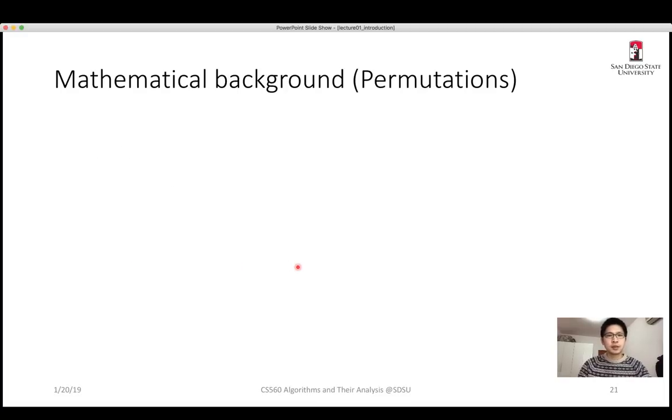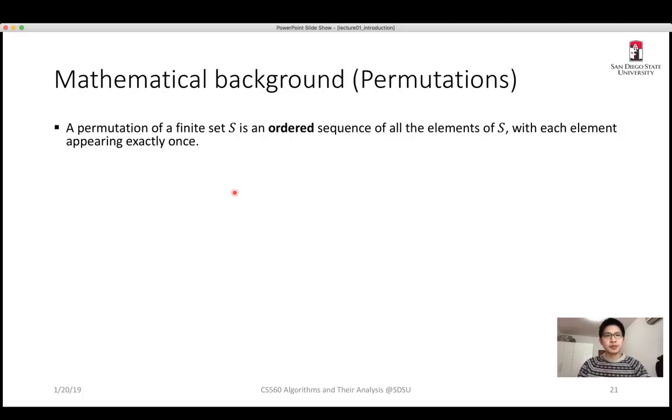Okay. Then we will look at some very important functions over a set of numbers or a series of numbers. First, let's look at permutations. A permutation of a finite set S is an ordered sequence of all elements of S, with each element appearing exactly once.